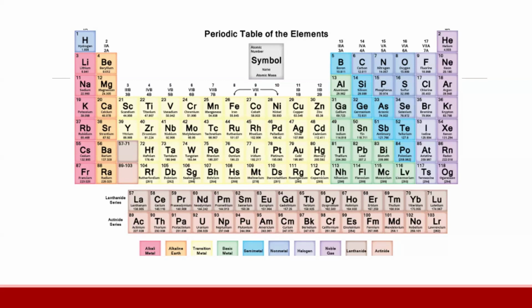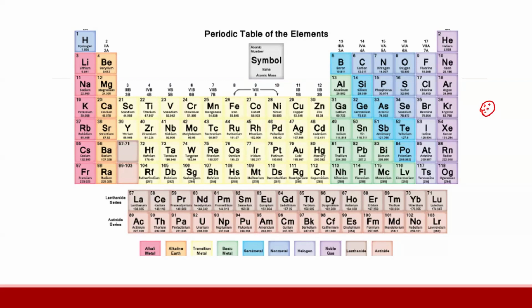We call it a periodic table because all the materials that we have found so far are arranged depending on the atomic number. So atomic number is the number of protons in the nucleus. When you consider an atom, you have a nucleus. In the nucleus, you have positive charges and the neutrons.